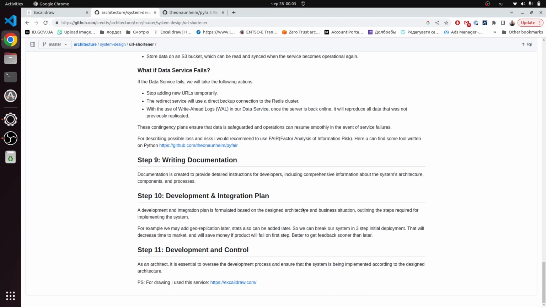After development and integration analysis, all this stuff, what you should write down is how you will control your development process and your systems that are already integrated. Why so? Because when you're developing something and thinking about something, it's not the same that people around you will think.